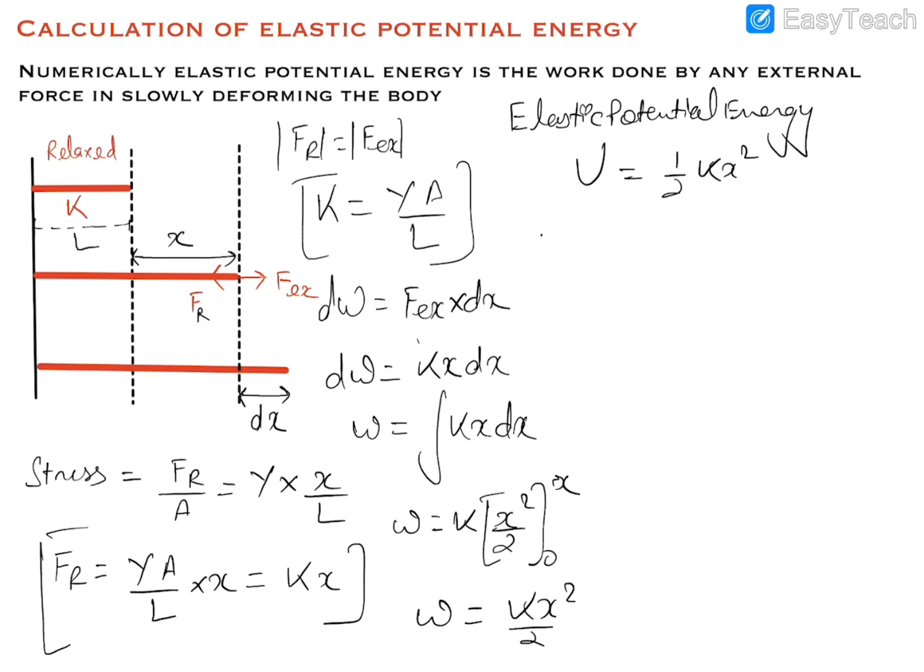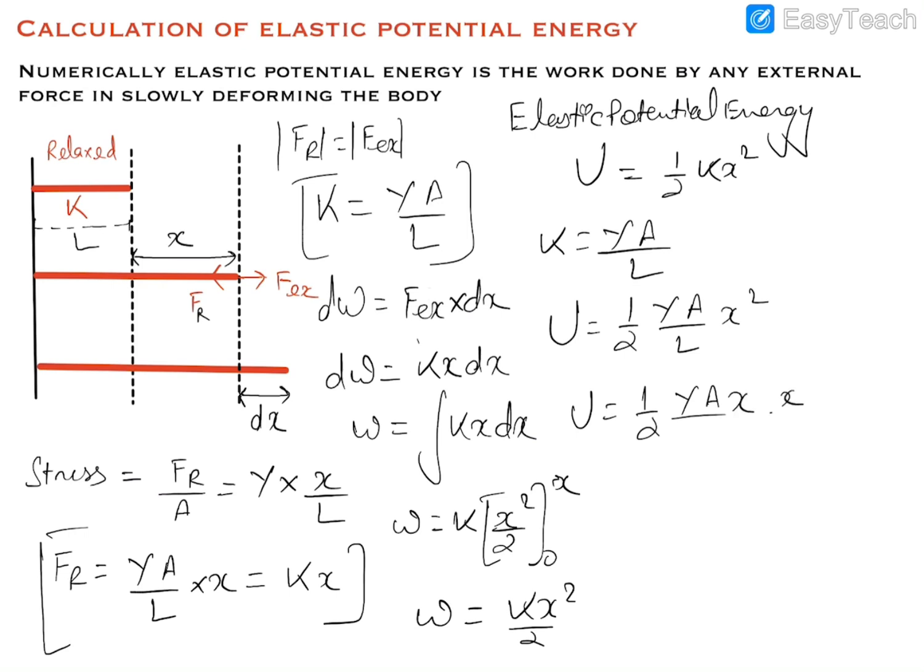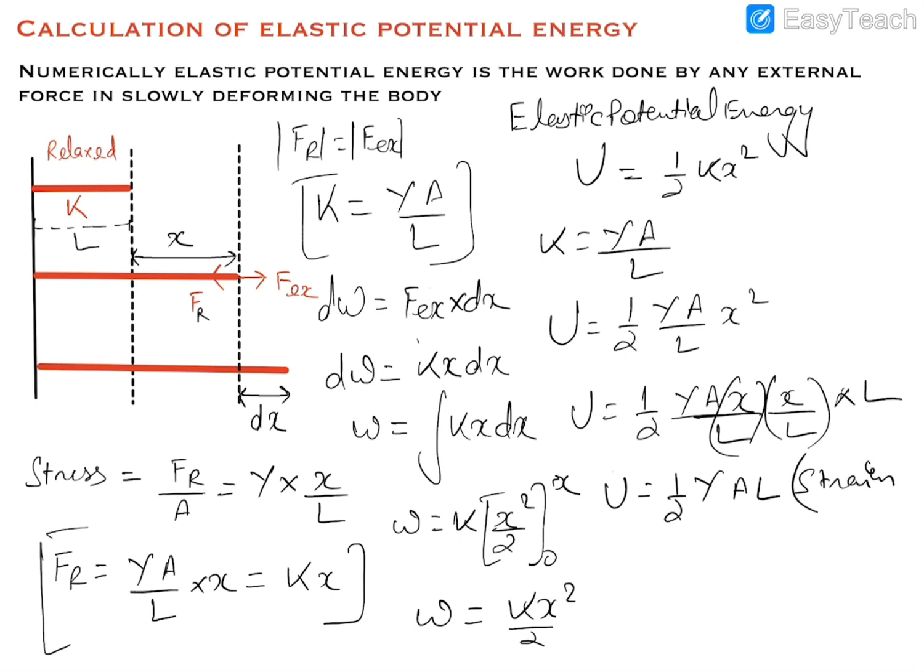Now this k is equal to gamma A by L, and U is equal to half gamma A by L into x square. You can see that if I write it as half gamma A into x by L, and multiply and divide by L, then x by L is strain and U will be equal to half gamma A into L into strain square.